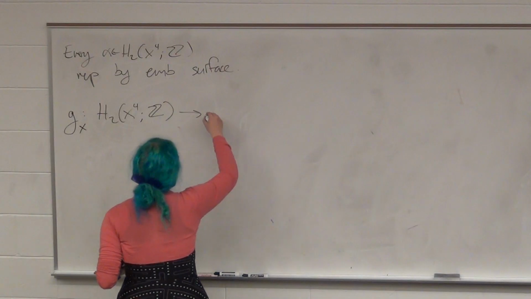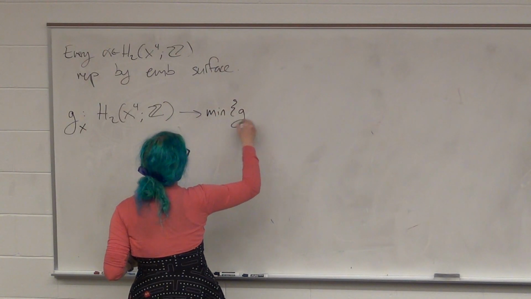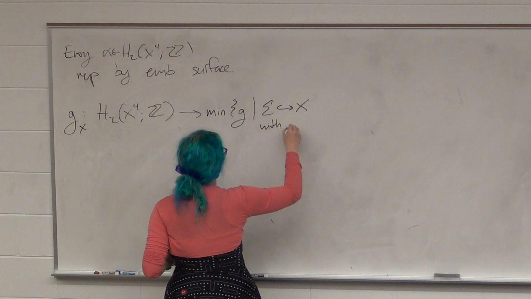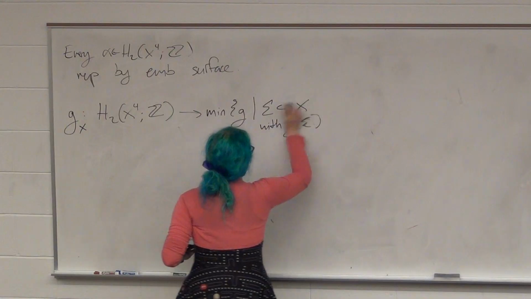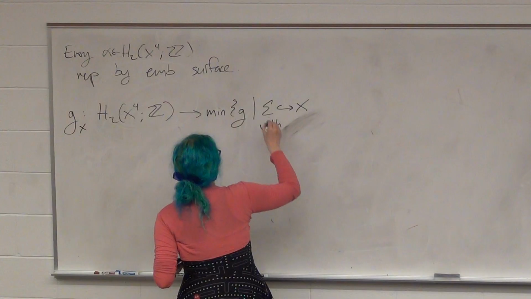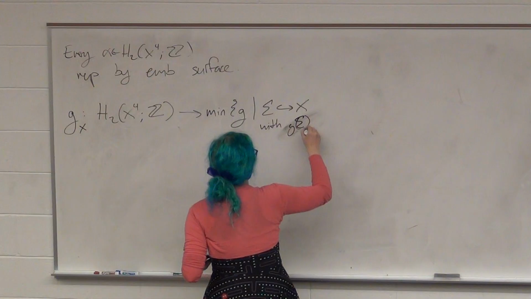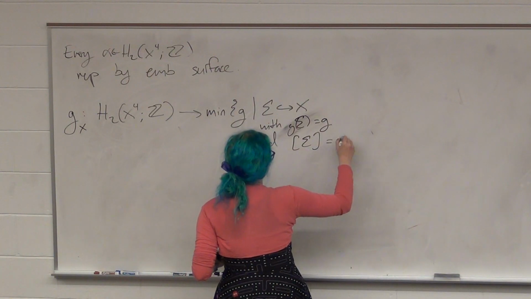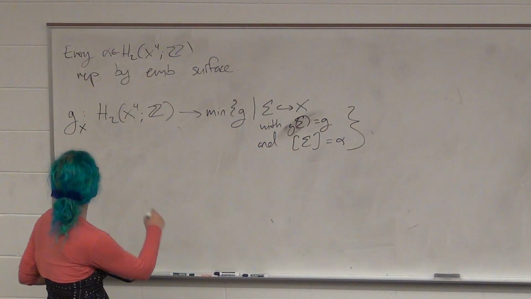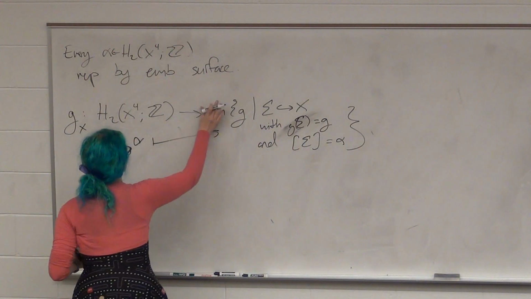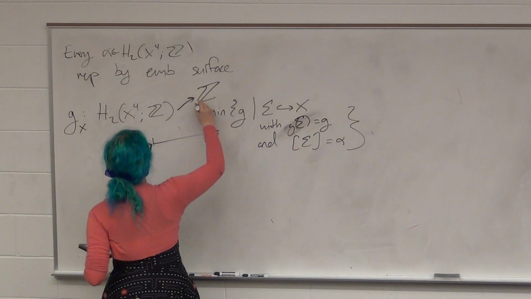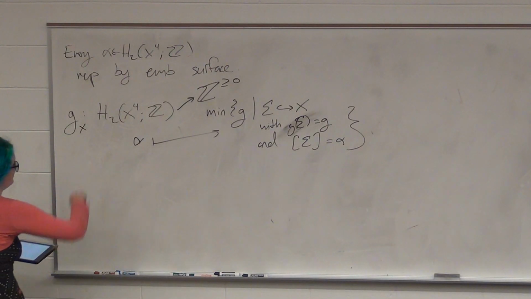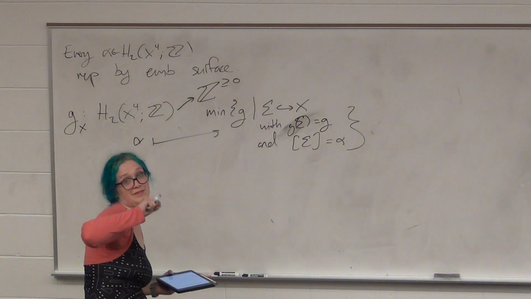I'm going to output the minimum genus of a surface embedded in X, the minimum g such that sigma has genus g and sigma represents this homology class. So for every homology class, I get a non-negative integer, which is just the smallest possible genus that I can use to represent that class.